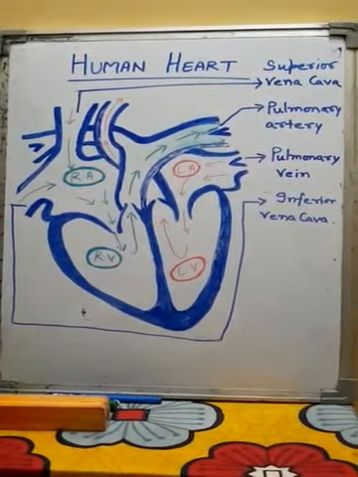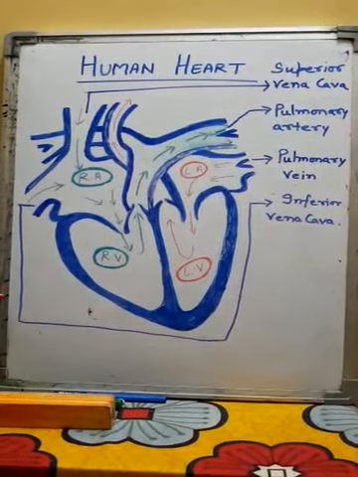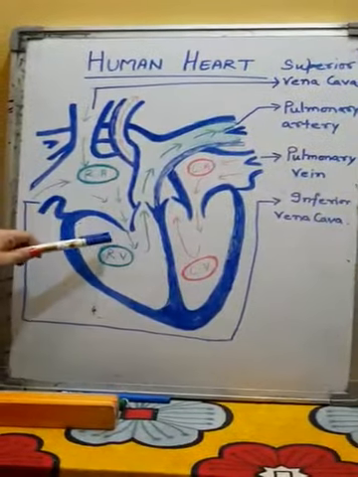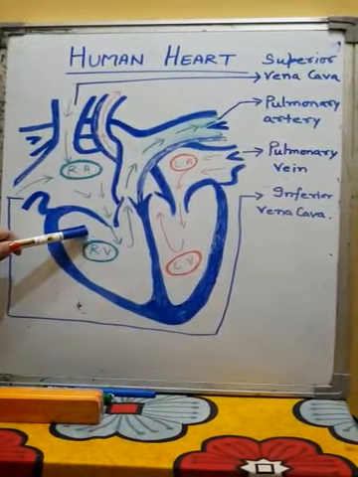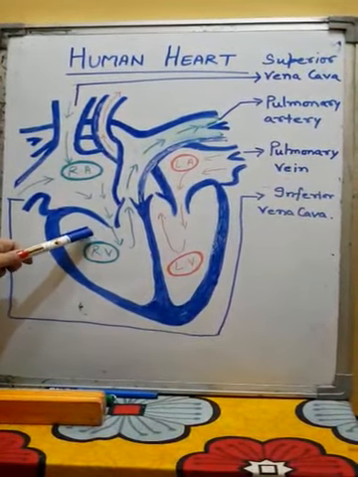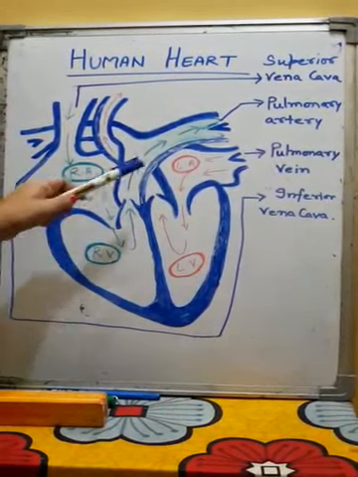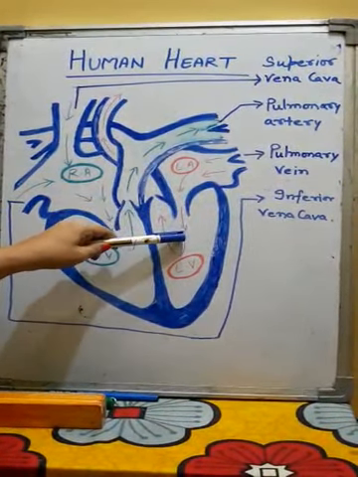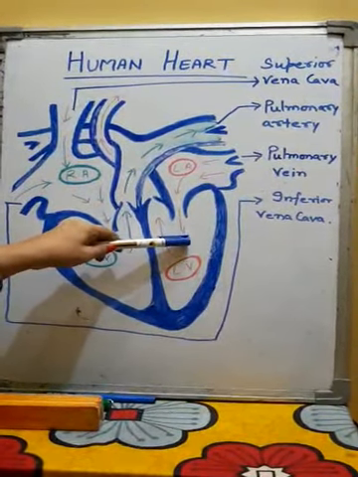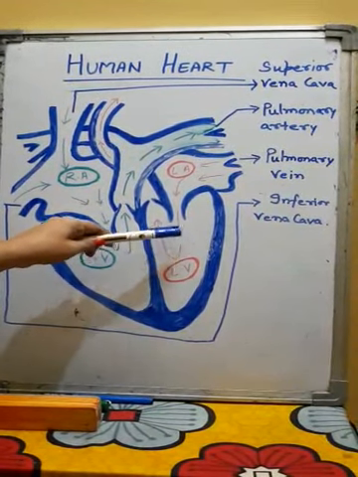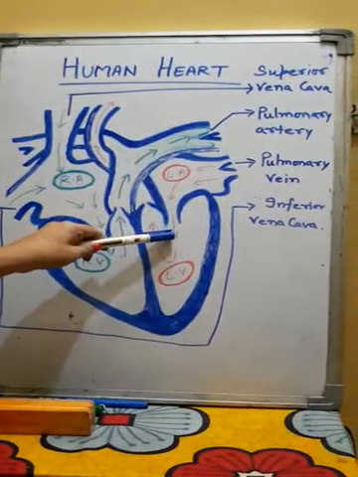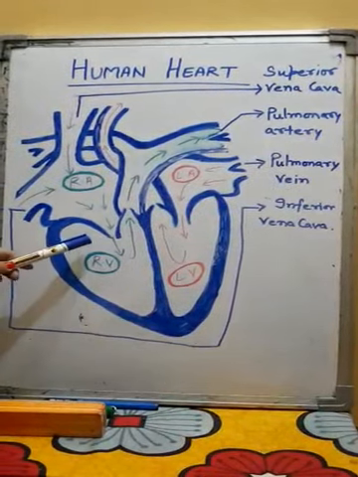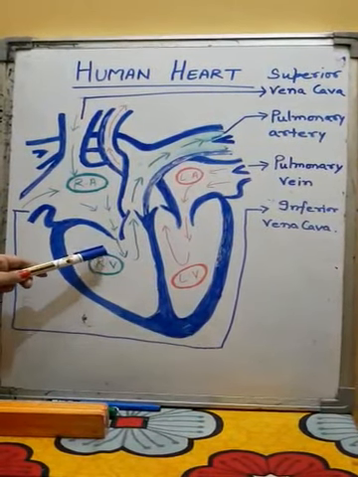The opening between right auricle and right ventricle is guarded by tricuspid valve. The opening between left auricle and left ventricle is guarded by bicuspid valve. It is called bicuspid as it has two flaps, and tricuspid as it has three flaps.